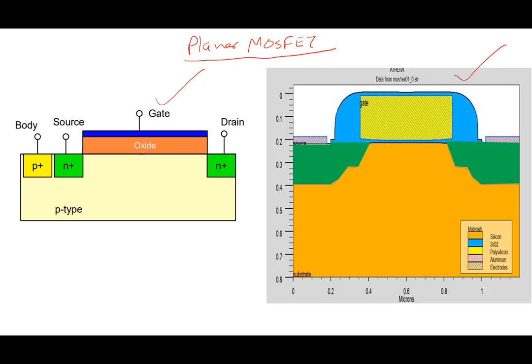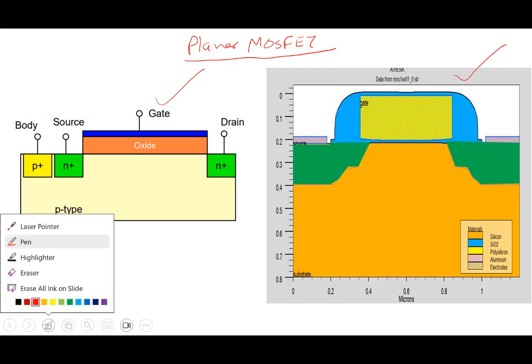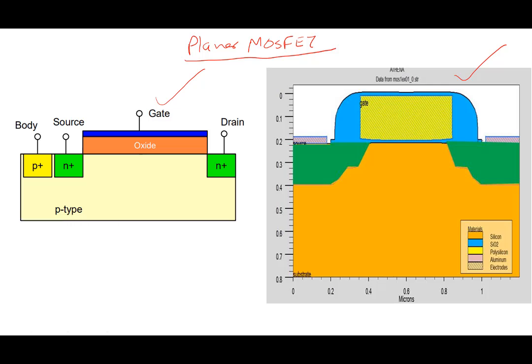If you look at the differences between the two figures, of course, as you try to implant N plus, you don't get a rectangular kind of profile. You get a more complicated profile that you see here.